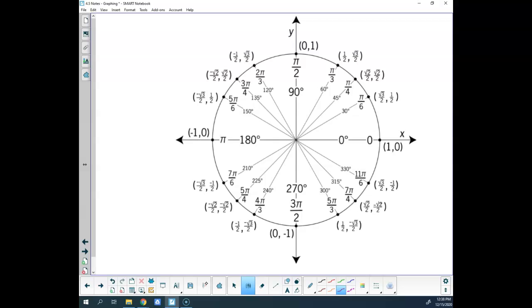Sine and cosine the same, just opposite. Three pi over 4. And, Mr. Chan. Oh, I thought you said 7 pi over 4 before.